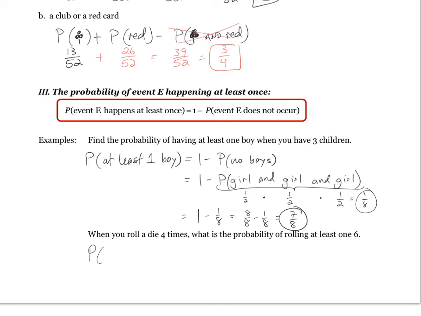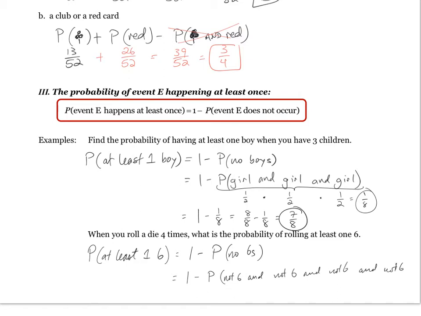So probability at least 1 6 equals 1 minus the probability of no 6s, which means 1 minus the probability of not 6 and not 6 and not 6 and not 6. Notice I'm doing this 4 times, 1, 2, 3, 4, because we rolled the die 4 times.